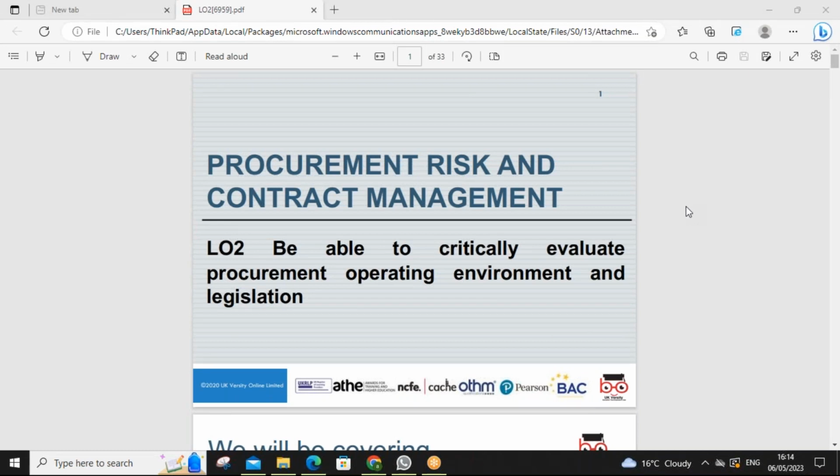So today's lesson will go through L2, which is about being able to critically evaluate procurement, operating environment, and legislation.